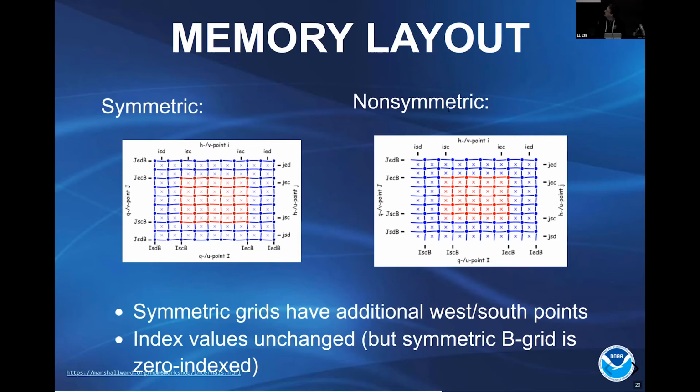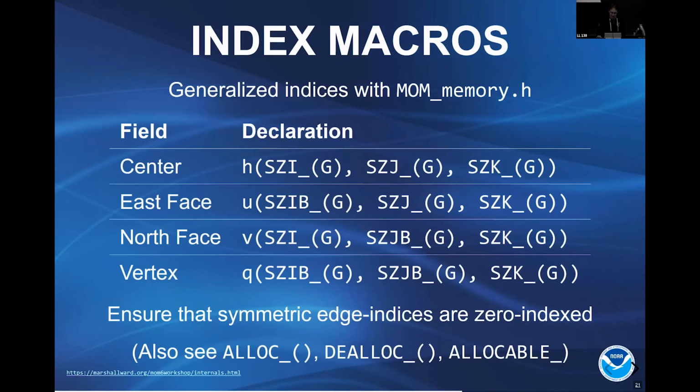The ISD, however, would be unchanged in both cases. Those are always indexed by the same value, 1 in this case. So for the most part, I think the design is set up so you don't have to think about that very much. Because as I said, the main point is the I's and J's don't change as you move from symmetric to non-symmetric. It's just you're adding an extra row of zeros in the symmetric case.